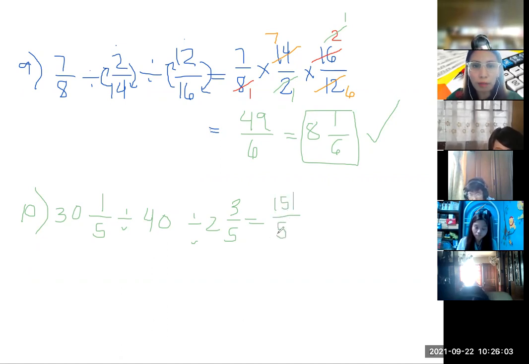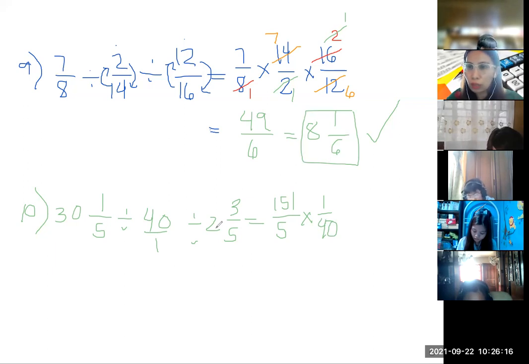Copy 5. Then 40 over 1 becomes 1 over 40. And then this one too: 5 times 2 is 10 plus 3, 13. So that goes at the bottom. 13 over it.